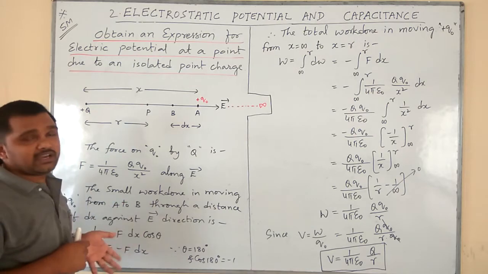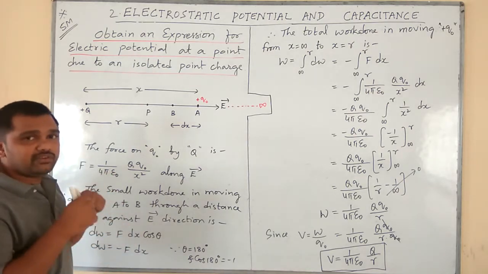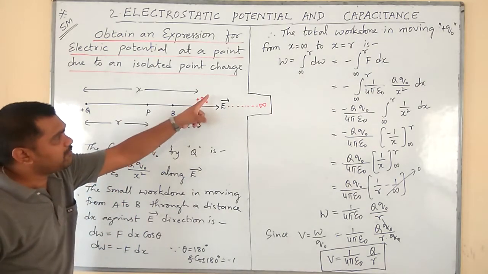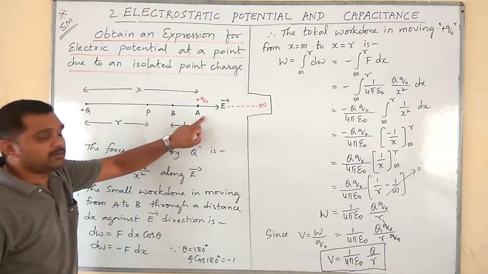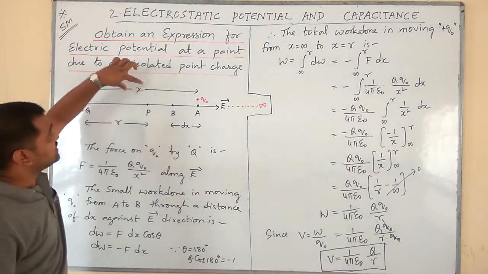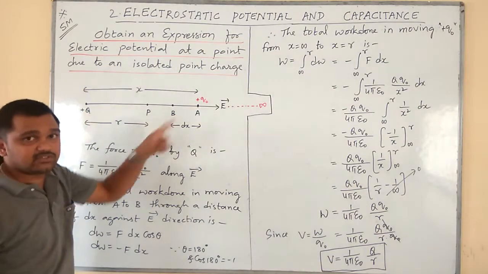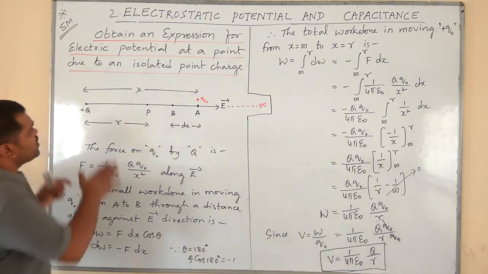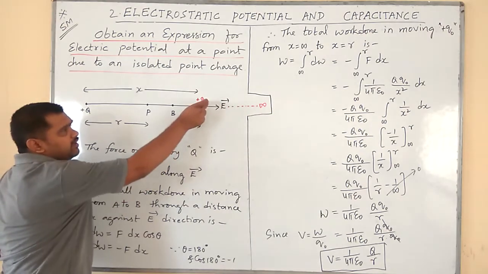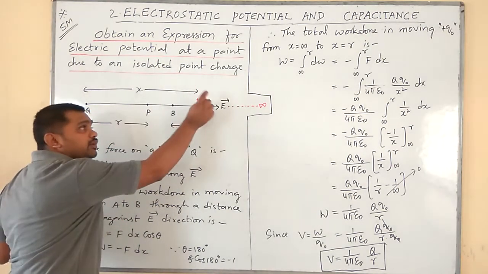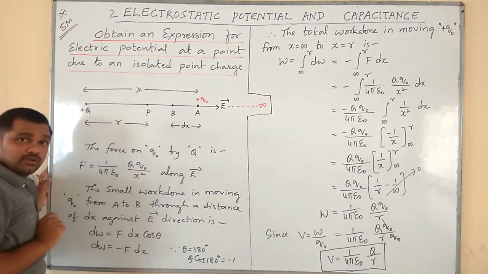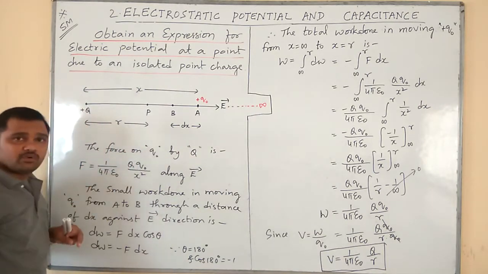So that's why, what procedure we need to follow means we have to imagine that unit positive test charge at a point, say for example A, which is at a distance of x from this source charge. Now, what is the force between Q naught and Q? Otherwise, what is the force exerted on Q naught by this Q? It is given by Coulomb's law.